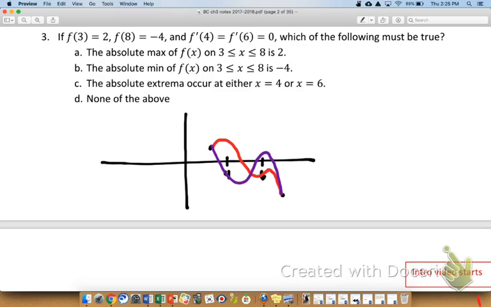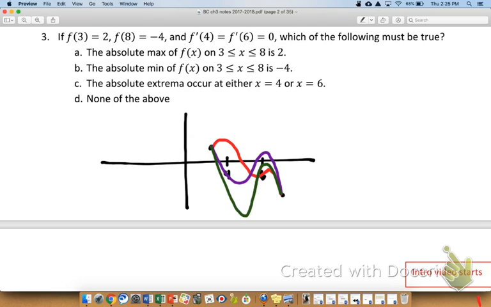Check this out. That just disproved B. The absolute extrema occurred at either 4 or 6? Well, I kind of disproved that with the purple graph, didn't I? So weirdly, you know the answer that's never the answer? It was the answer: none of the above.